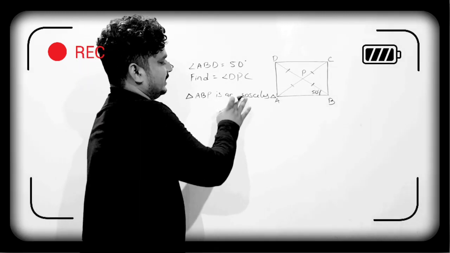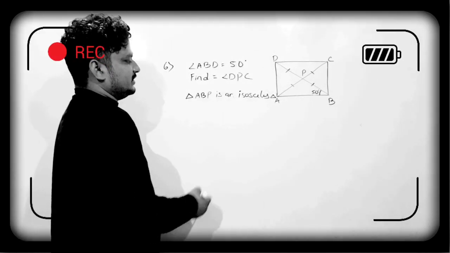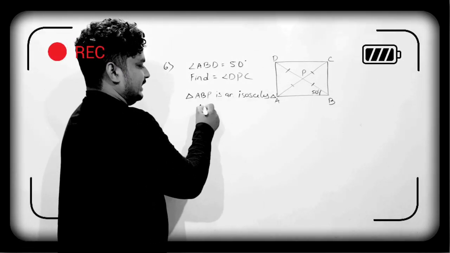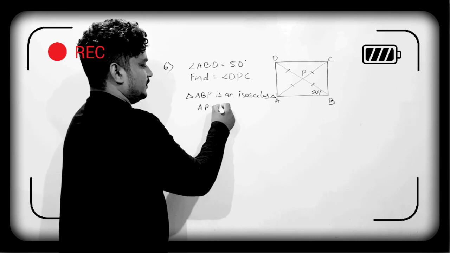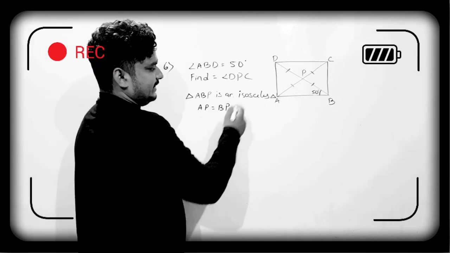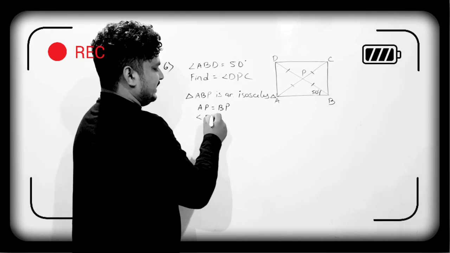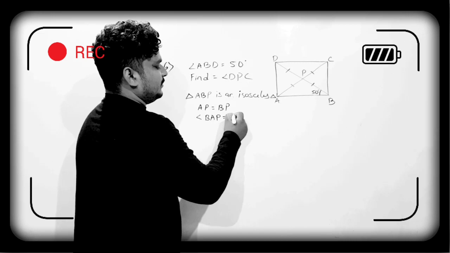So we can tell that it is an isosceles triangle. Therefore, AP equals BP. Since it is equal, angle BAP will be equal to 50 degrees.